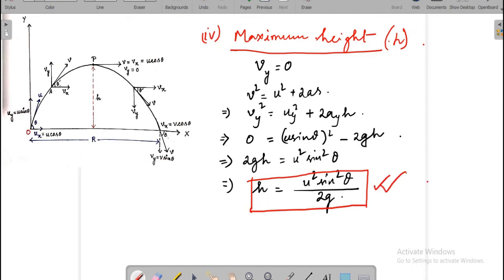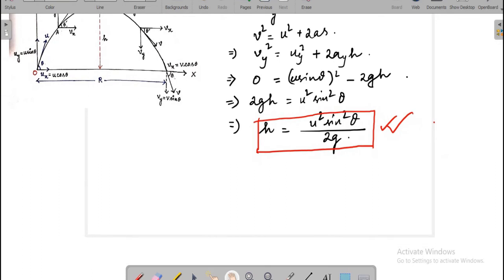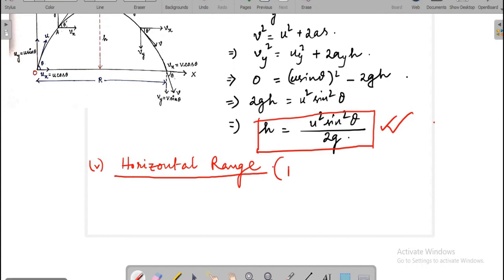Okay. Now, let's find out horizontal distance. The horizontal distance covered by the projectile is known as range, which is denoted by capital R. It is the horizontal distance traveled by the projectile during its journey.